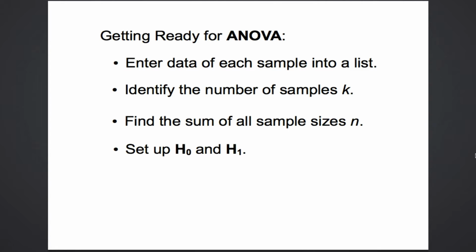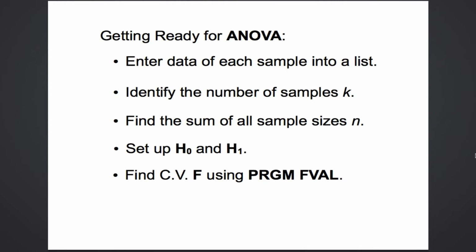Then we're going to set up our null and alternative hypotheses, H0 and H1. We're going to use program FVAL as we did before in order to find the critical value F, and it's always going to be a right tail test.